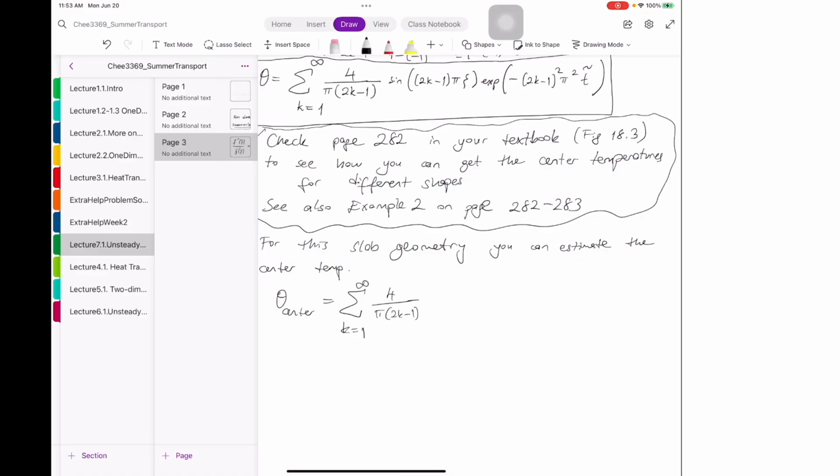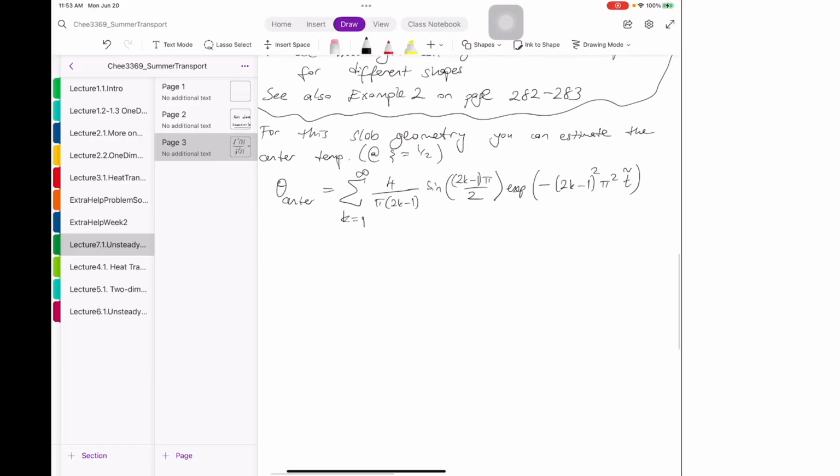So the center means where psi is equal to 1/2, right? Sine (2k minus 1) pi over 2 exponential minus (2k minus 1) squared pi squared t tilde.